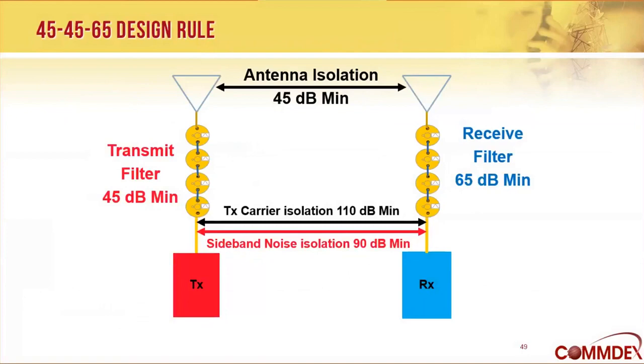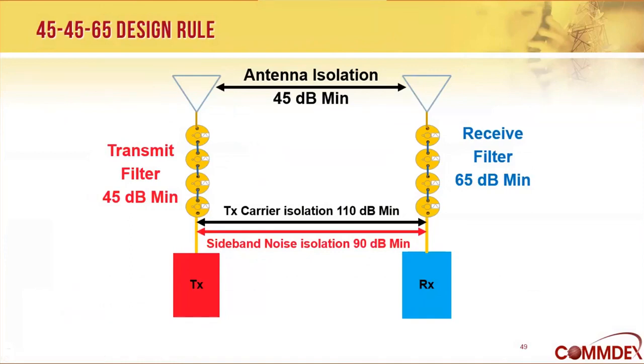A rule of thumb they use in the design of these systems is they call it a 45-65 design rule. When we're putting these systems together for trunk systems and multi-carrier systems, we try to keep about 45 dB of transmit filtering by way of bandpass filters and such.